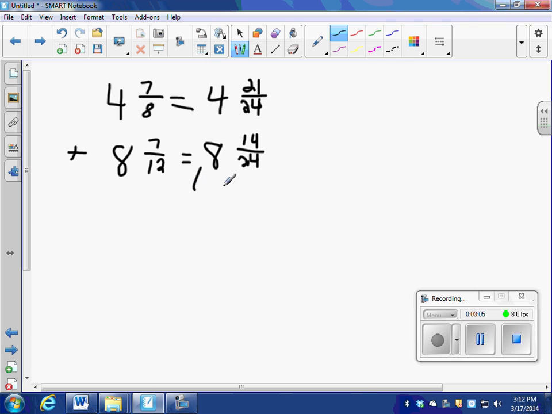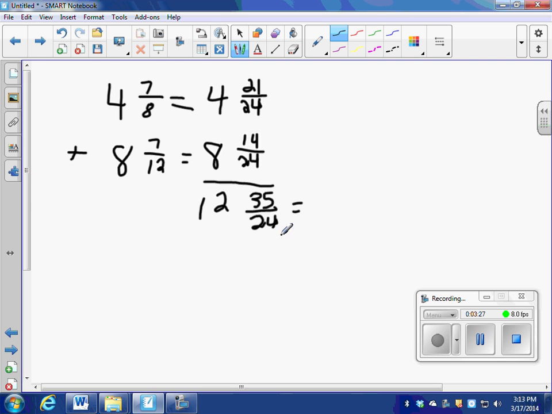So now I can go ahead and add. 8 and 4 is 12. 21 plus 14 gives me 35 24ths. Now, this answer is not incorrect, but it just doesn't look as nice as I would like it to look.